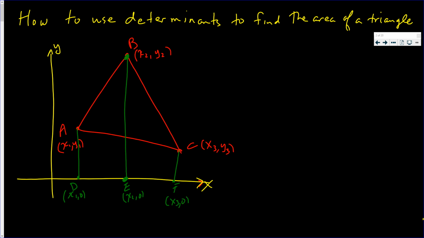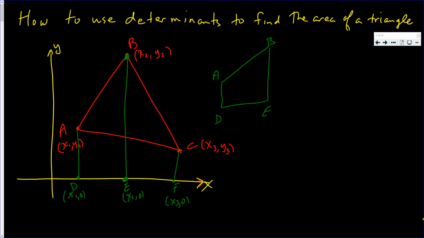Now, if you consider this, that is D, E, A, and B. It is a trapezoid.